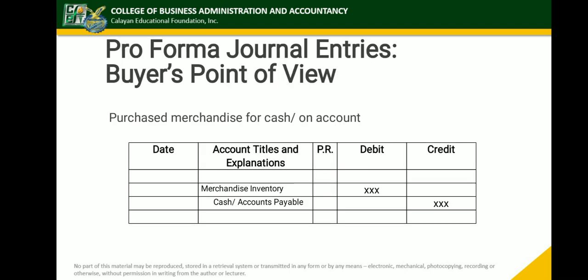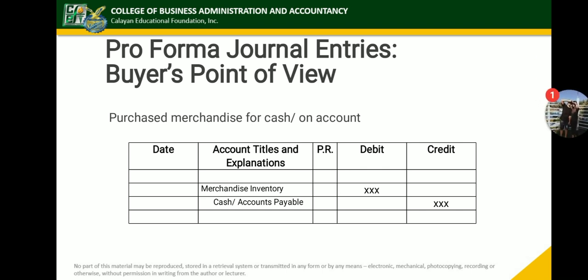So, here are the pro forma journal entries from the point of view of the buyer. Purchased merchandise for cash or on account. Siyempre, kapag nag-purchase ka on cash, ang nakakredit mo dyan ay cash. Kapag on account, accounts payable. So, debit natin kay merchandise inventory.